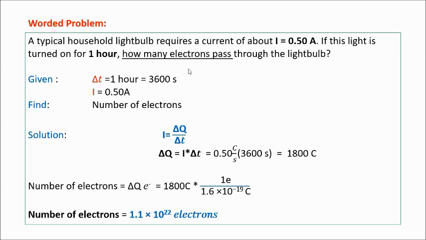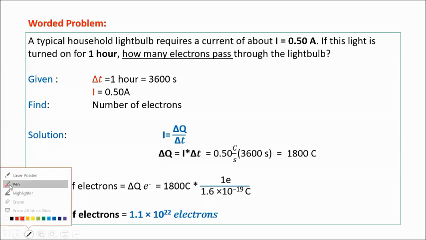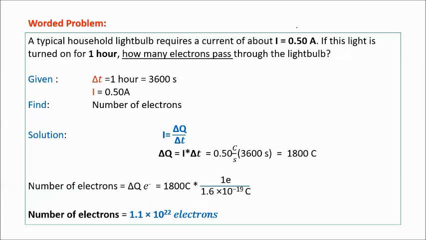All we have to do is to summarize the given quantities. What is this? This is our I, or electric current value. 1 hour is for time. We want to find the electrons passing through the light bulb in the given time of 1 hour.